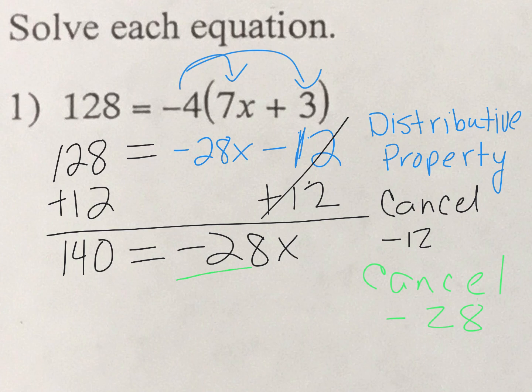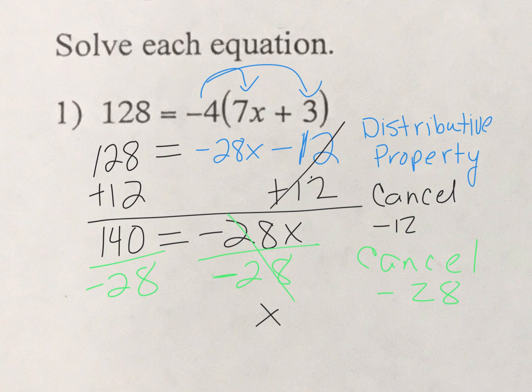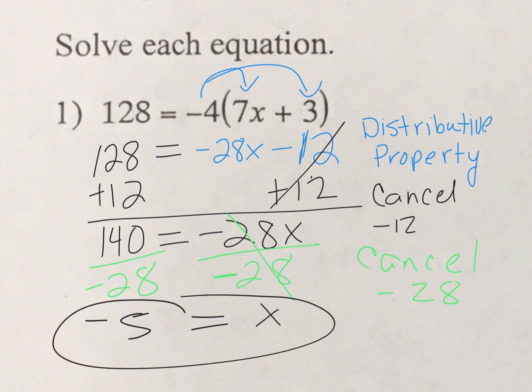We're going to do that by dividing both sides by -28, like I already said. So once we divide, that is going to cancel, leaving me with the isolated x. What we do on one side, we have to do on the other side. So I've got x is equal to -5. So that is going to be our first solution.